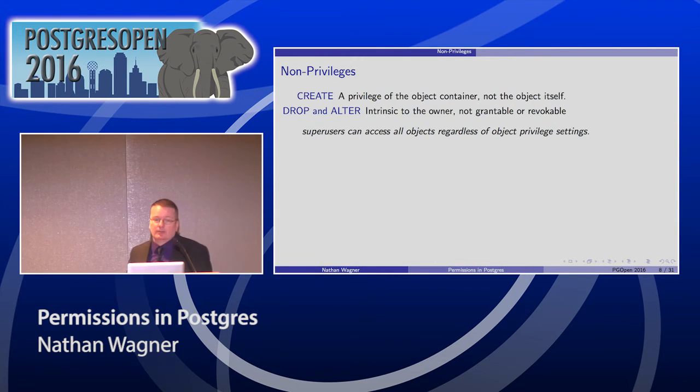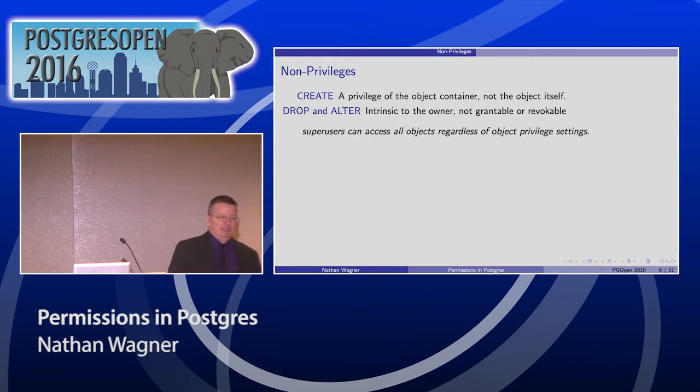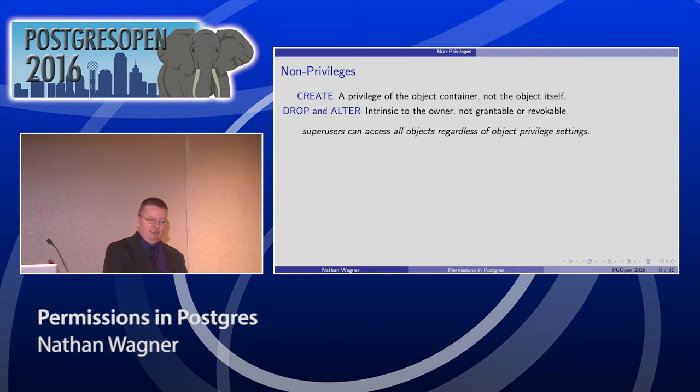Okay. Creating an object is not a privilege of the object itself, which kind of makes sense. We can't grant privileges on an object until it's created. So to create objects, you do need create permission, but you need create permission on sort of the container. Tables, functions, all of those things live inside of a schema.